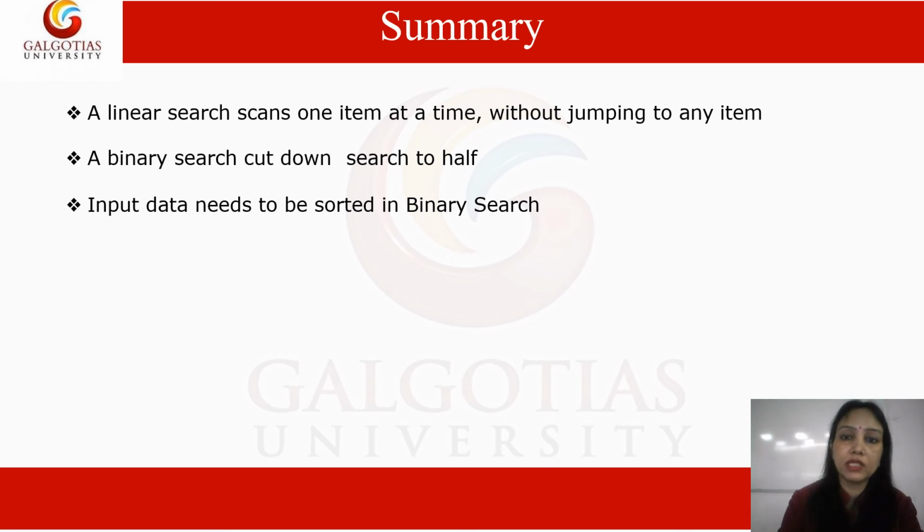For sequential we have linear search, and for interval search we have binary search. Linear search scans one item at a time without jumping to any item, and the main advantage of binary search is that it cuts your list down to half. So input data needs to be sorted if you are going for binary search, right?